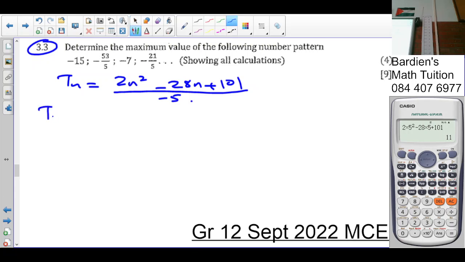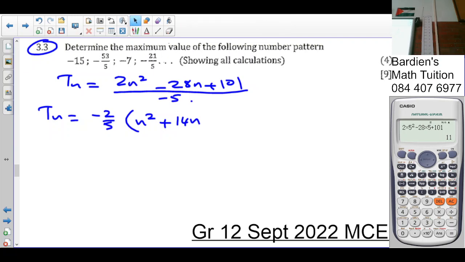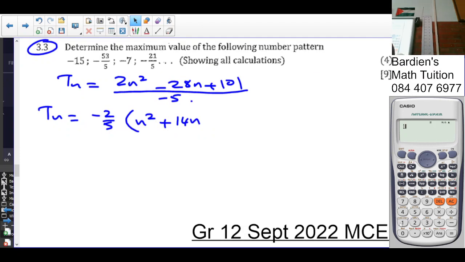So Tn is equal to, I take out 2 over negative 5 as a common factor. Then I'm left with n squared minus 14n plus 101 divided by 2, which is 101 over 2.